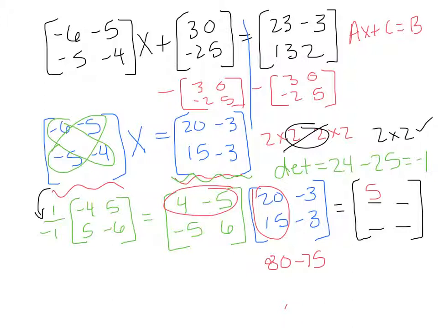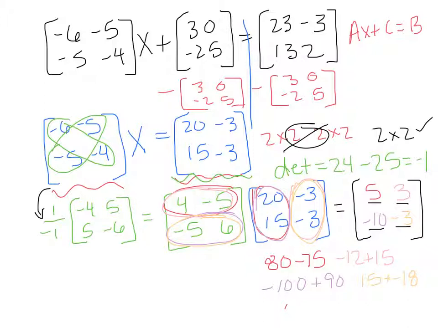Then we're going to have row 1, column 2, and that will get us negative 12 plus 15, because it's positive 15, so that'll give us 3. Now we have row 2, column 1. That's going to get me negative 100 plus 6 times 5, which is 90. So we have a negative 10. And last but not least, row 2, column 2 will get me 15 plus negative 18. So that one's negative 3.